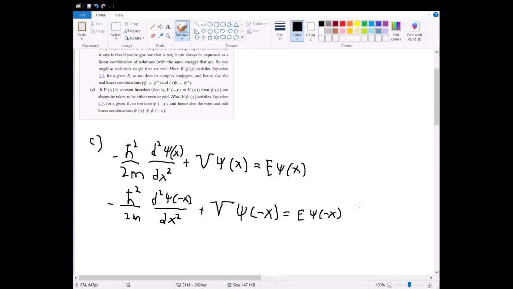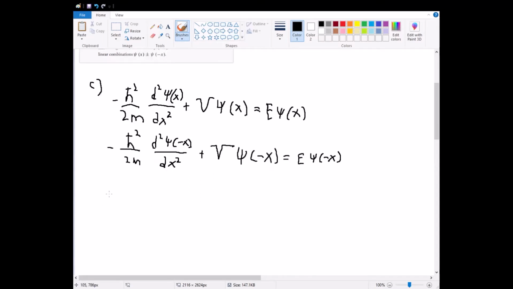And here we have the exact same scenario as in part B, where we have psi of x and psi of negative x as valid solutions.